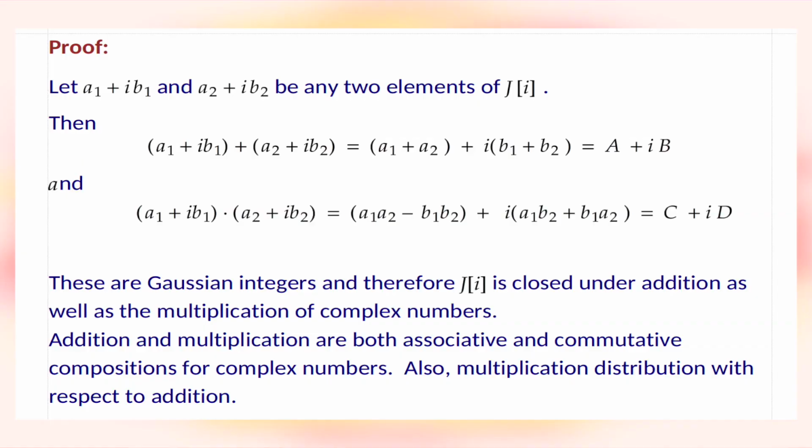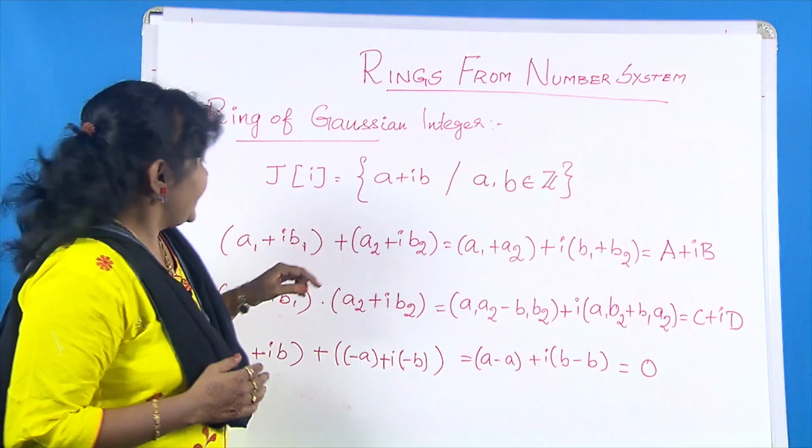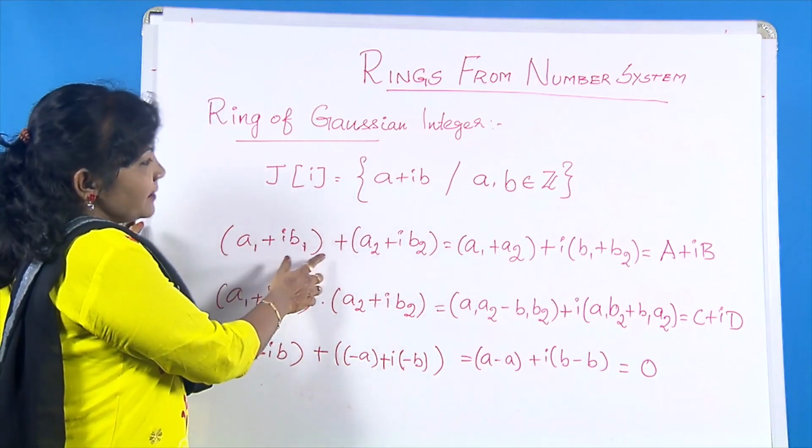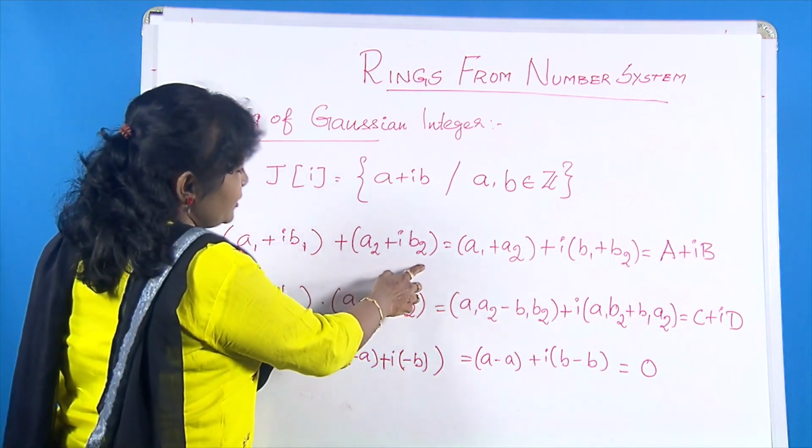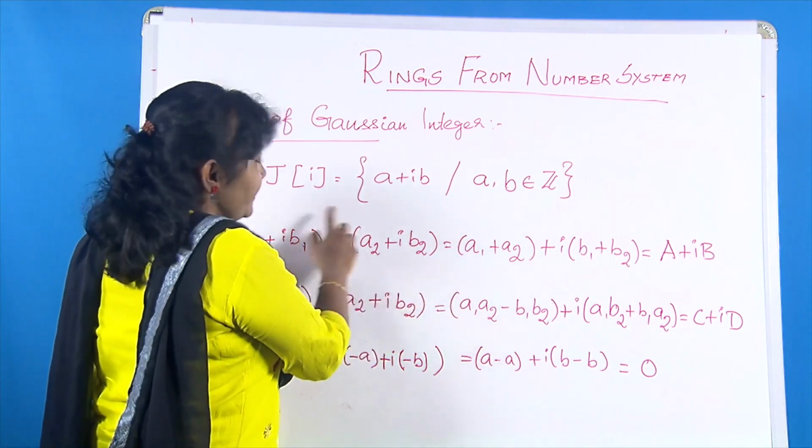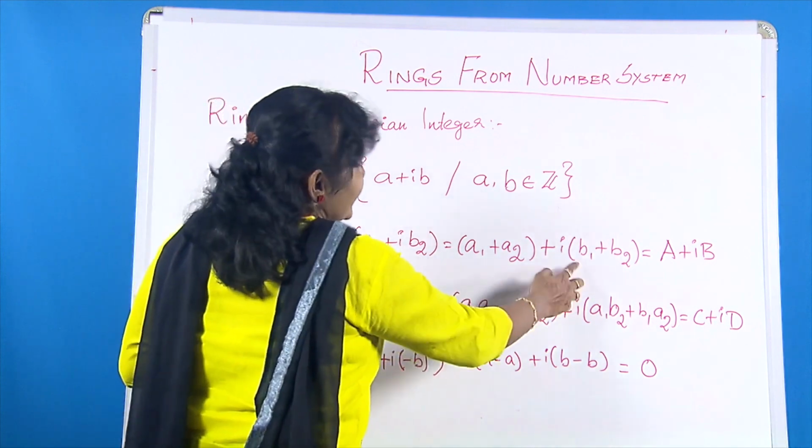Let a1 plus ib1 and a2 plus ib2 be any two elements of J(i). See, (a1 plus ib1) plus (a2 plus ib2) is equal to (a1 plus a2) plus i times (b1 plus b2), taking i as the common factor.